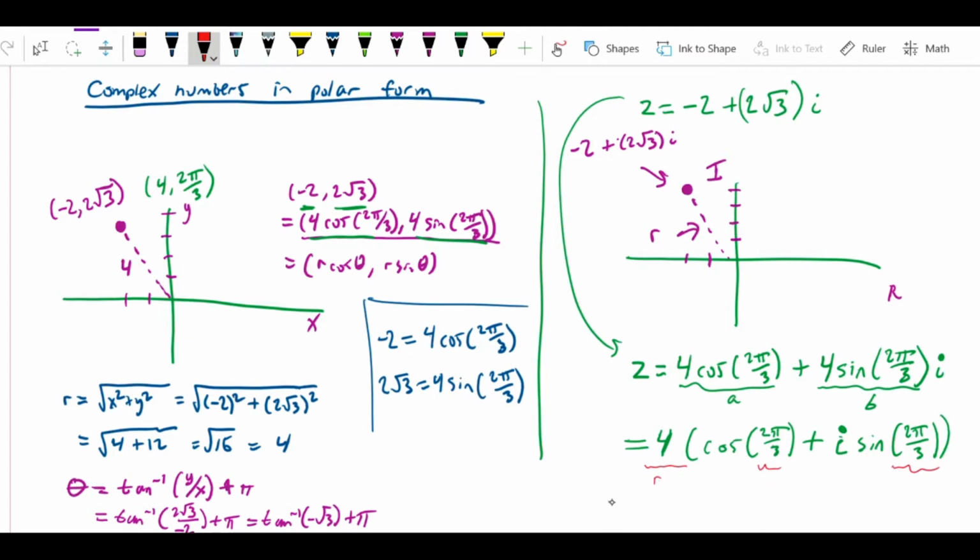We call r the modulus, and this angle, theta, is called the argument. That's the name we use for r and theta when we're talking about complex numbers. But what I want you to do is focus on this expression here, cosine theta plus i sine theta. And in the next segment, just be prepared to have your mind blown.